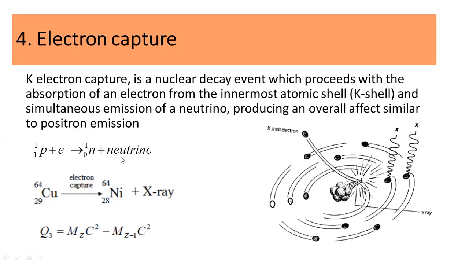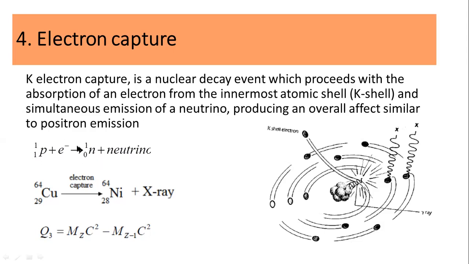But here there is no emission of a positron; instead the electron is captured by the nucleus. Because the nucleus has protons, which have positive charge, they capture the electron from the K shell, and when it is captured, it is converted into a neutron. So what would be the effect on the atomic number and the mass number?